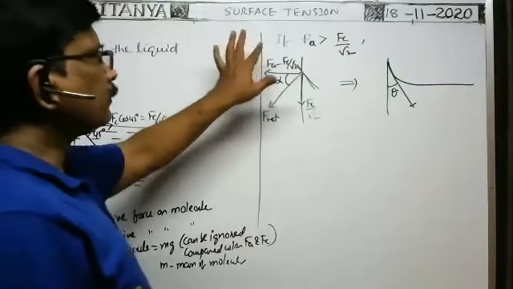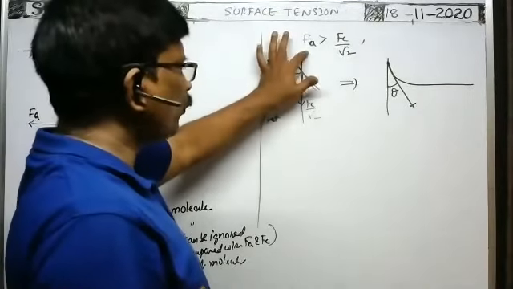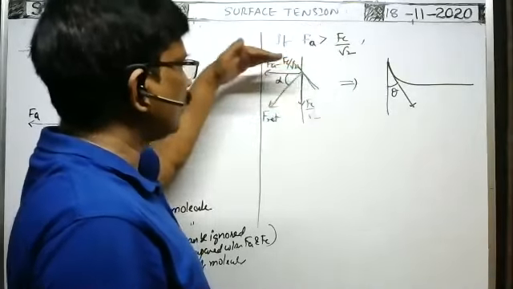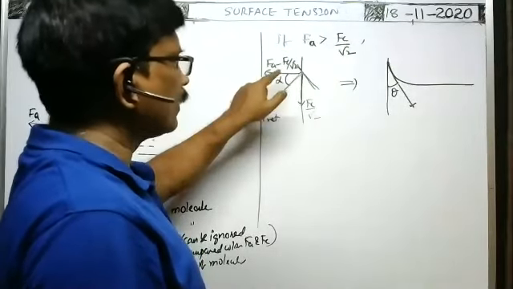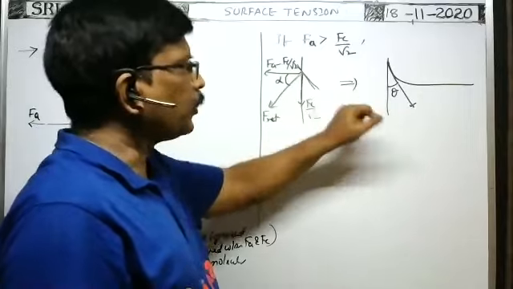Okay, so when we see adhesive force is greater than the cohesive force on the surface of the liquid, in that case the angle of contact is acute.